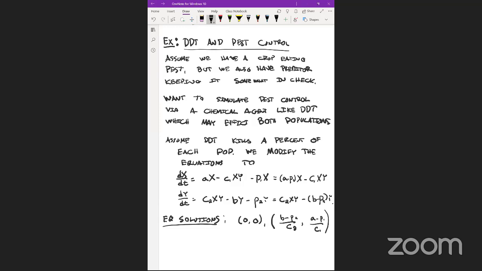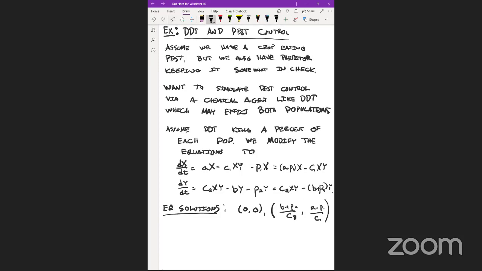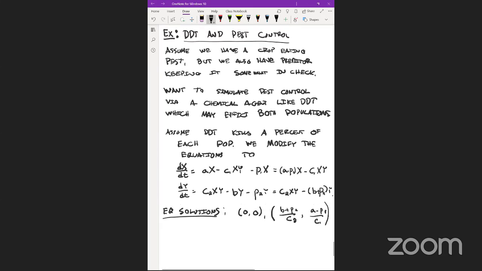Oh, thank you very much, that's very important. So this should give us some information about how the equilibrium populations are going to change as we use DDT.